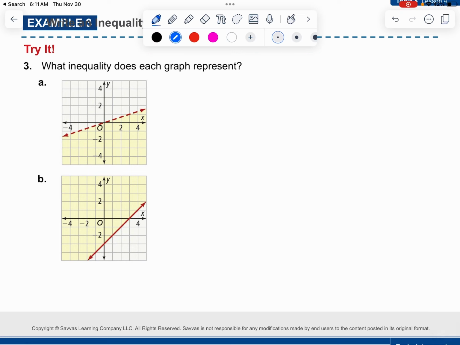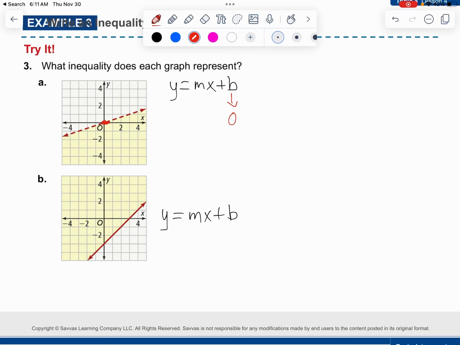What inequality does each graph represent? Okay, so we're going to repeat the same process. Y equal to mx plus b is the form we're going to use. Okay, so for this first problem, our y-intercept is at 0 because it's going through our origin.